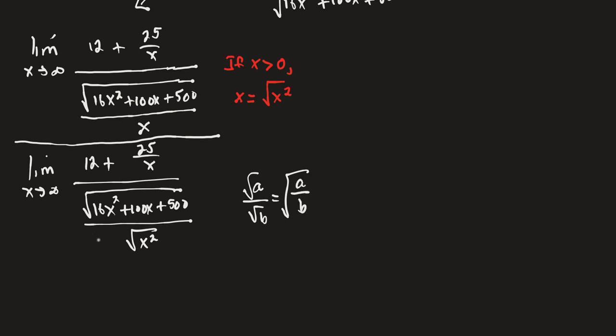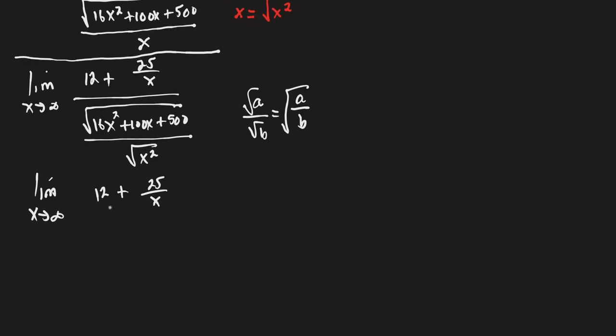So what I can do is, instead of having two separate roots here, I can put the whole fraction under one root. So we have the limit as x goes to infinity. And then in the numerator it stays the same, 12 plus 25 over x. Now we're going to write one big root. So all over the square root of, and now put the 16x squared plus 100x plus 500 all over x squared, and then reduce that, right?